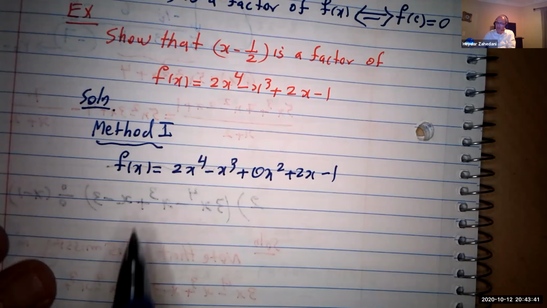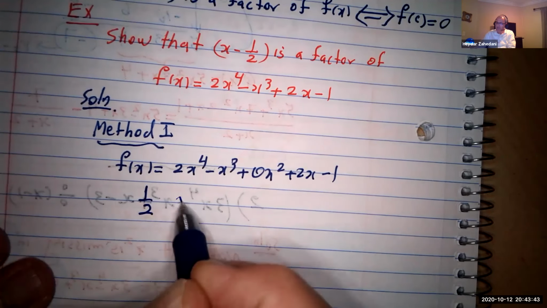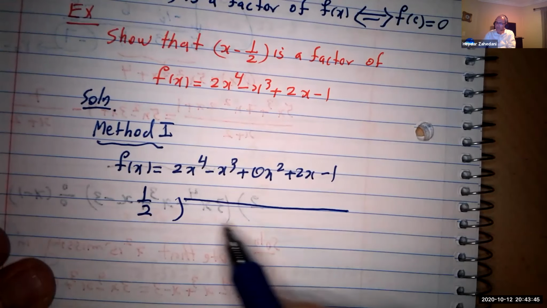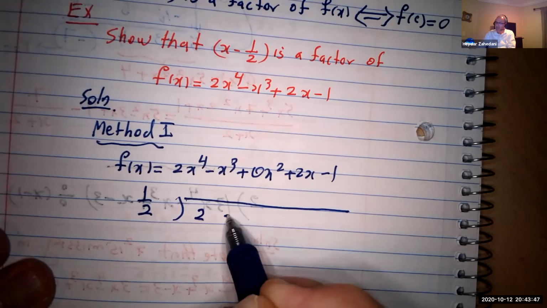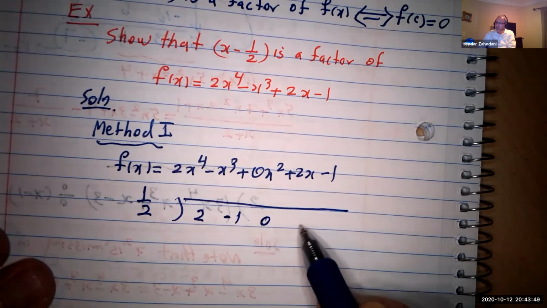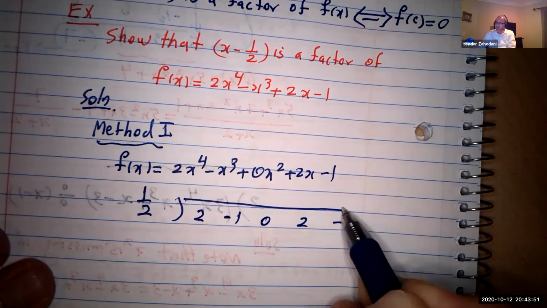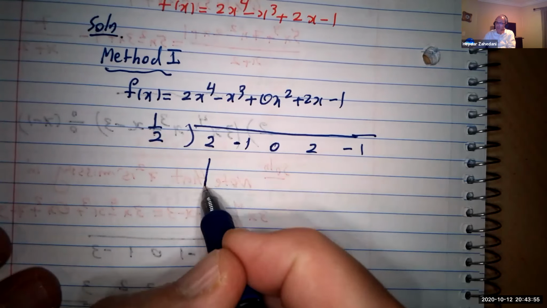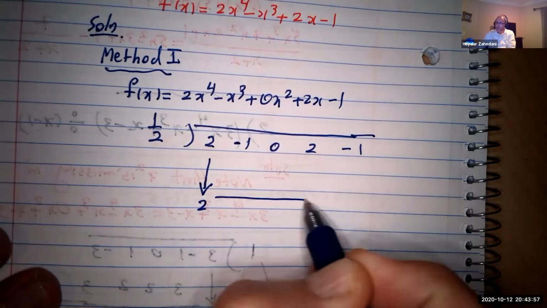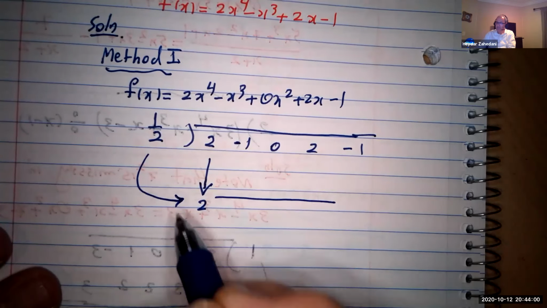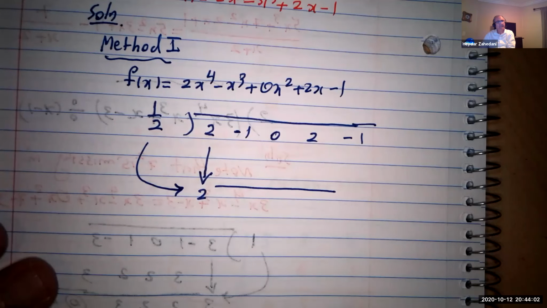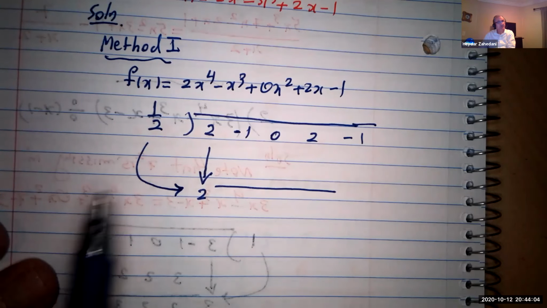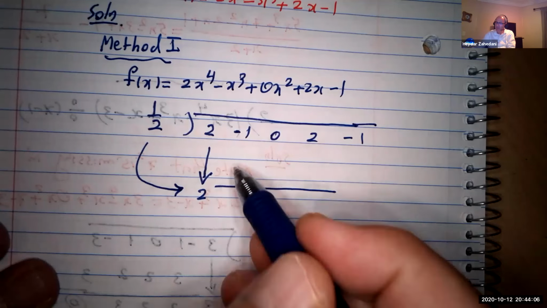Now I'm going to divide. I have 2, negative 1, 0, 2, and negative 1. I bring the 2 down, then I start multiplying. 1/2 times 2 is 2 over 2, which is 1.